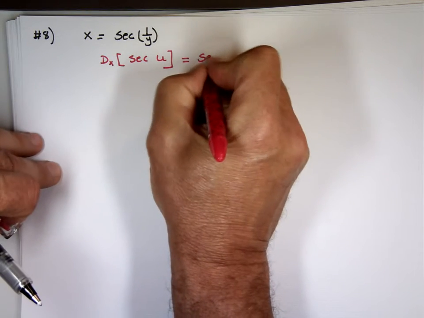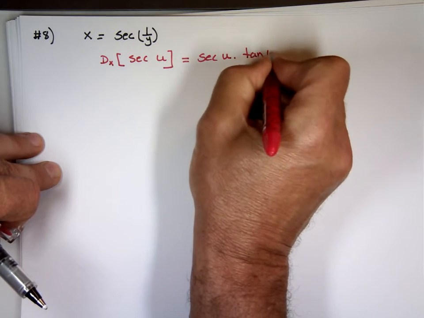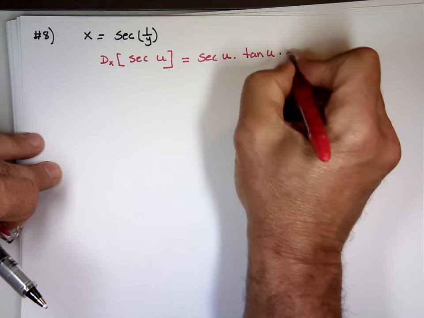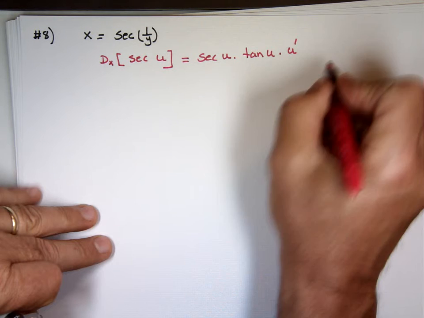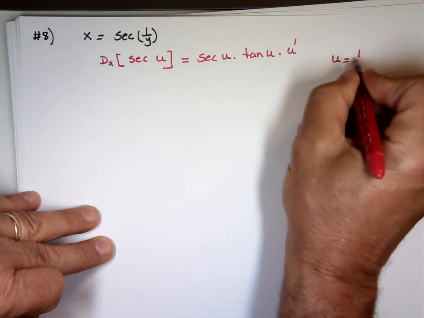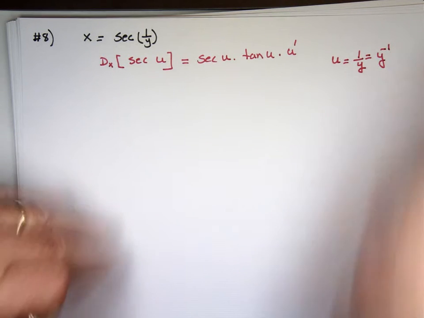Isn't it secant u tangent u times what? U sub prime, the derivative of u. Don't forget the derivative of u. U here is 1 over y, or you can write that as y to the minus 1.